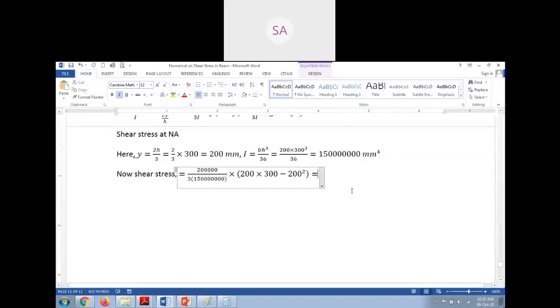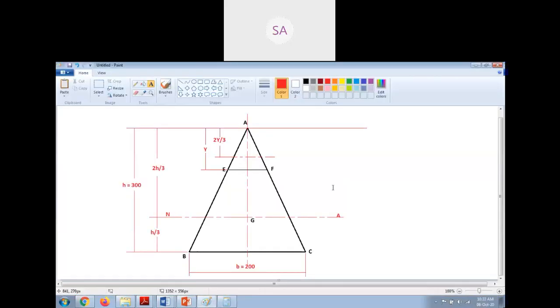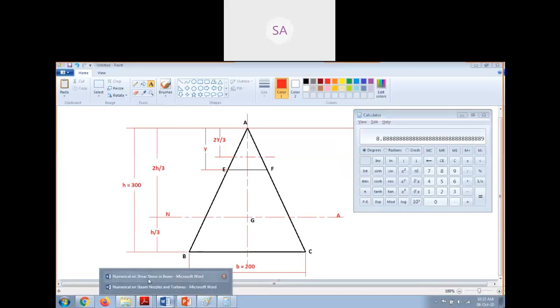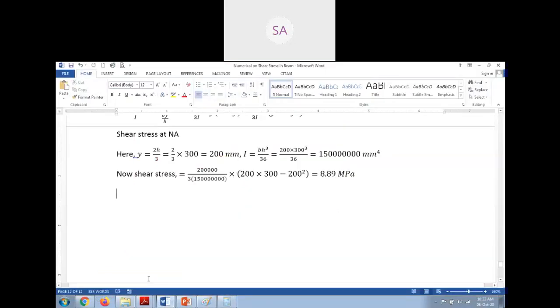So I will write this as 8.89 megapascal. Okay, so this is the shear stress at the neutral axis, but I am not sure whether this is the maximum shear stress, because the neutral axis is far below from the apex.